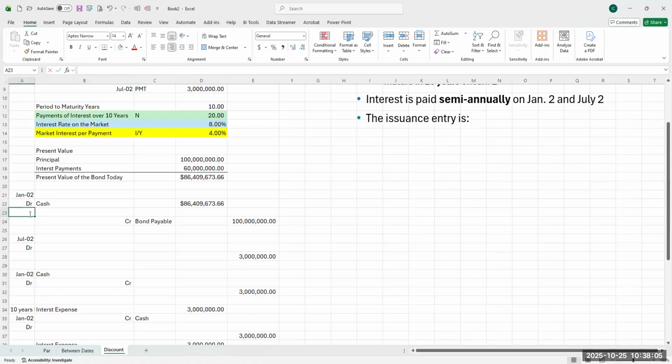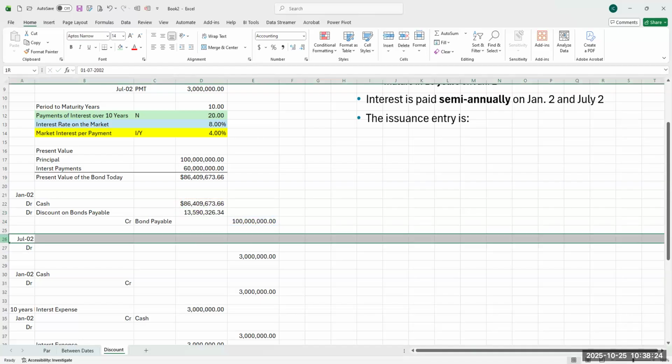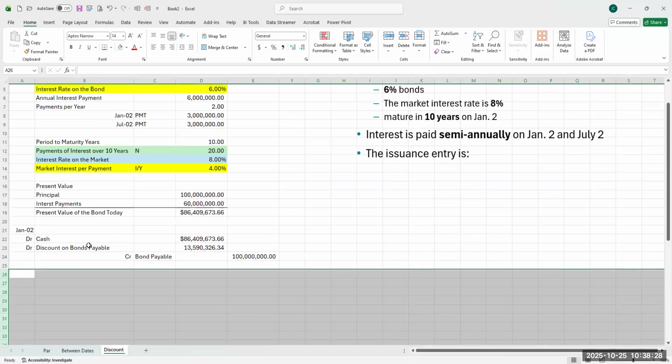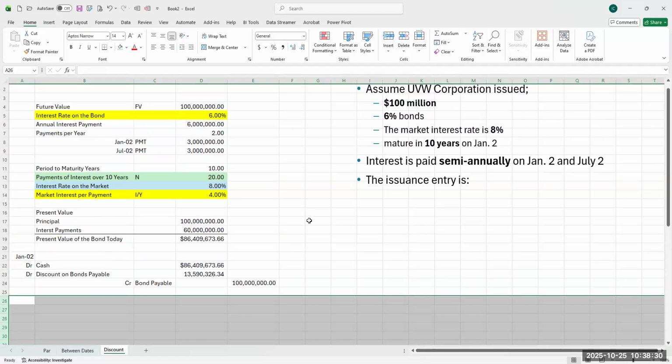And that debit will represent the discount on bonds payable, and the amount will be the exact amount to balance the difference. And this will be our journal entry when we issue the bonds when the market rate is higher than the bonds' rate.